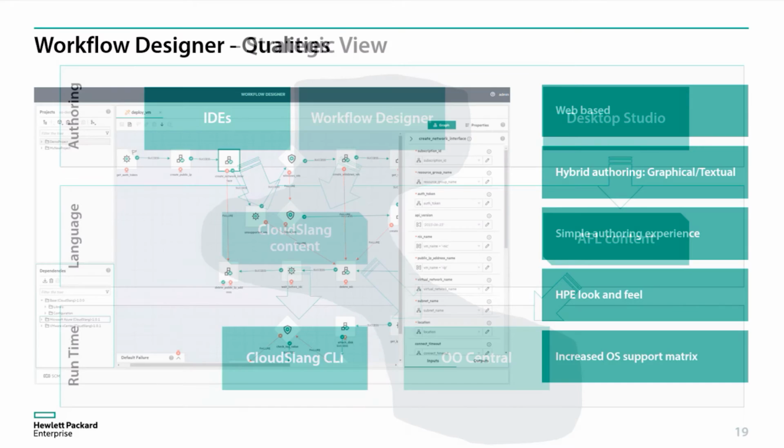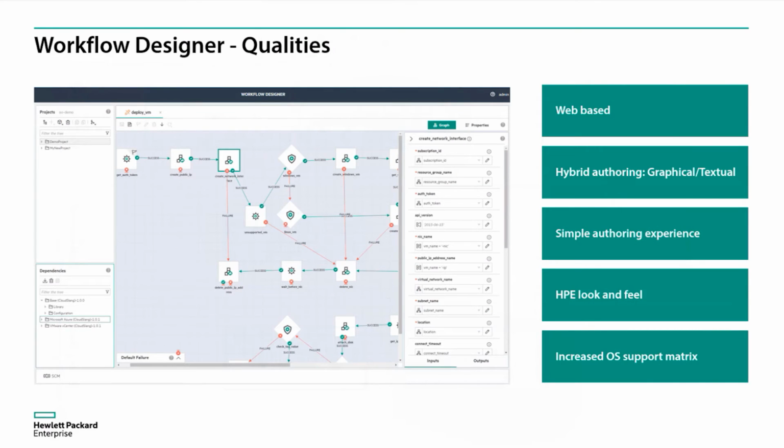Now, a few more things about Workflow Designer before jumping in. I already mentioned it, and I think it's obvious, but still it's worth mentioning. It is a web-based designer, and it is meant to allow one to do hybrid authoring, so to be able to do graphical authoring as well as textual authoring.